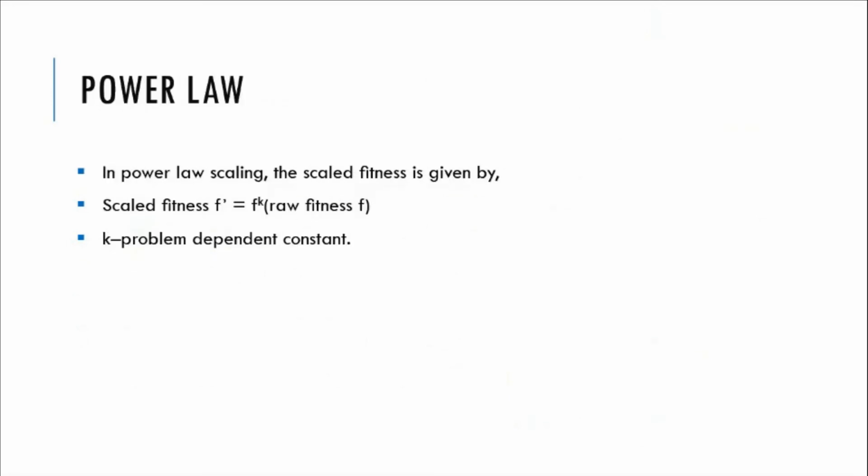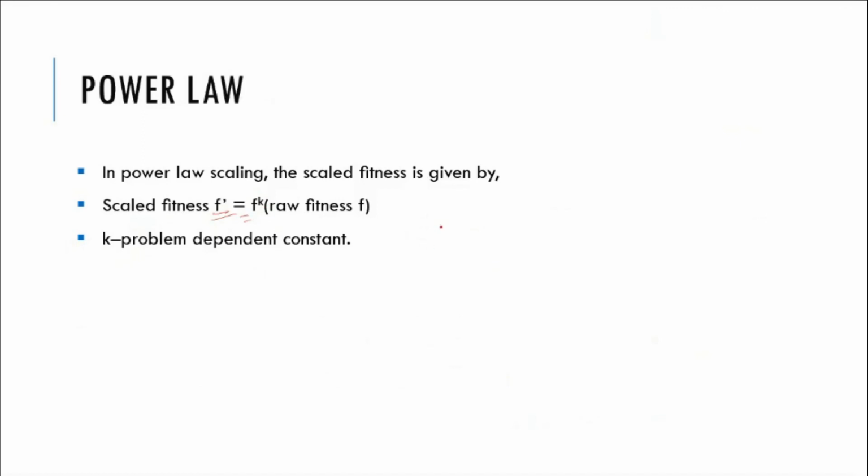Then the last fitness scaling procedure, that is the power law. Power law is very simple. Actually, we are raising the raw fitness to a specific power. The scaled fitness F dash is equal to F raised to K, and K is a problem dependent constant.